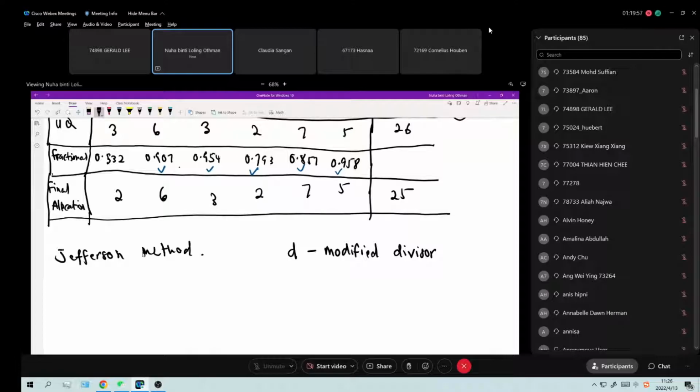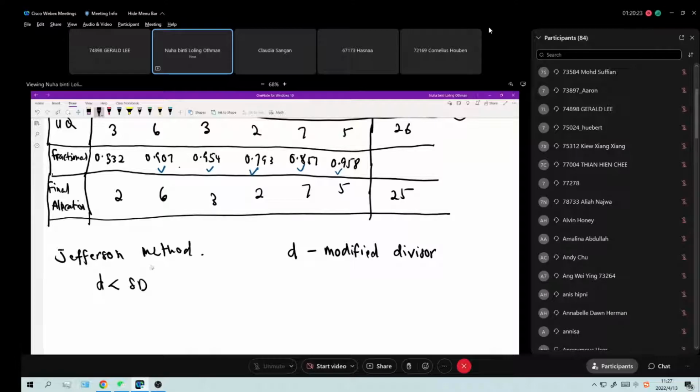The hint in the Jefferson method is that usually this modified divisor is slightly less than SD. So you need to guess relative to the standard divisor, because you want to make it bigger or less than the standard divisor.